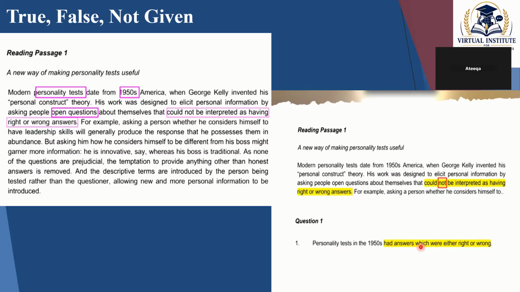Personality tests in the 1950s had answers which were either right or wrong. But here the passage is telling us that those open-ended questions about themselves could not be interpreted as having right or wrong answers. So it means that this one is false. This statement is false. Why? Because it says something which is the opposite of what is mentioned in the passage, right? So this is how these true-false questions should be answered.